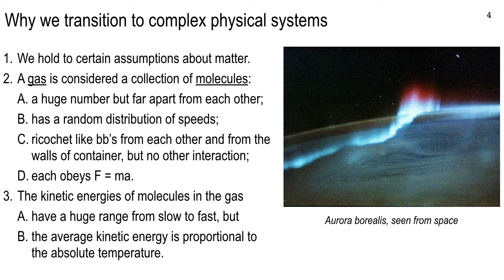They're not BBs, and this is kind of an idealized view of a gas. If you were actually able to follow individual molecules, which we are not able to do, they would interact a little bit differently than BBs. But the BB approximation, or the billiard ball approximation, is fairly good.